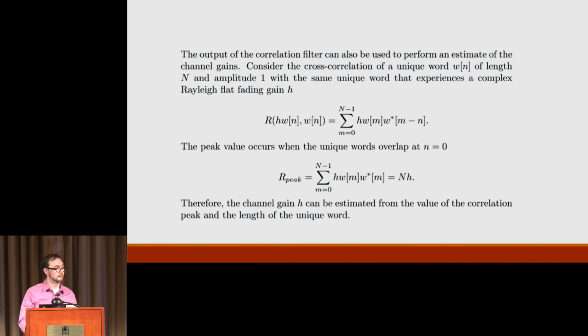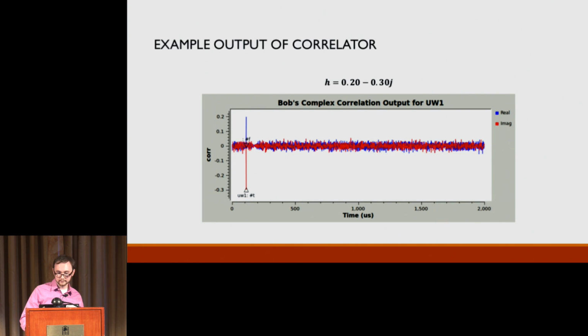Another thing you can do with the correlator is estimate the channel with it. If you take the complex correlation output, that's directly related to the channel gains that are applied, as long as you're in flat fading. And you just scale for the number of taps, or the number of bits in the unique word. So here's an example of that.